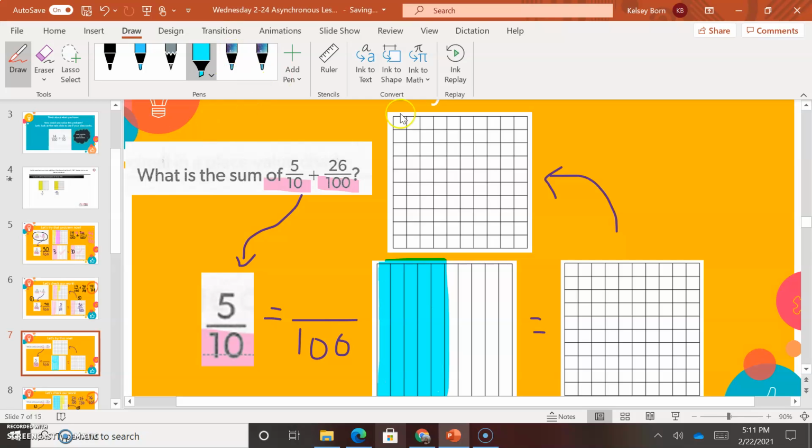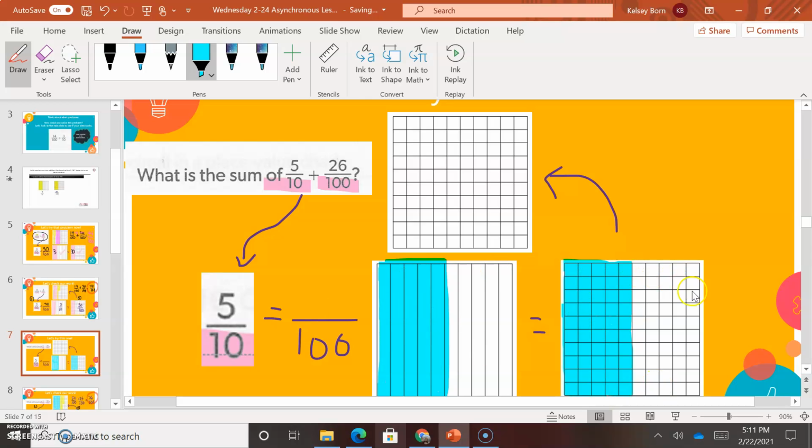I know there's 100 pieces here, but I'm just going to think of it as the 10 bars. So I'm going to go over, I'm going to color in 5 bars here. And so now they're taking up the same amount of space, but instead of counting tenths, I'm counting hundredths.